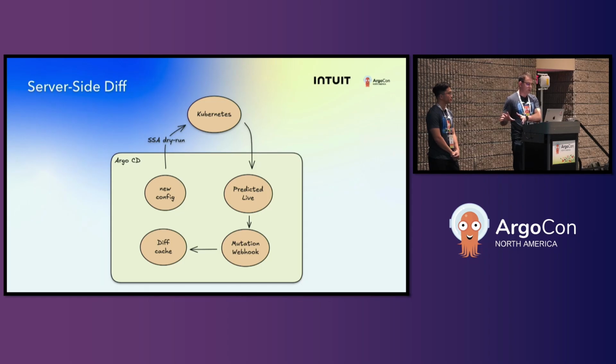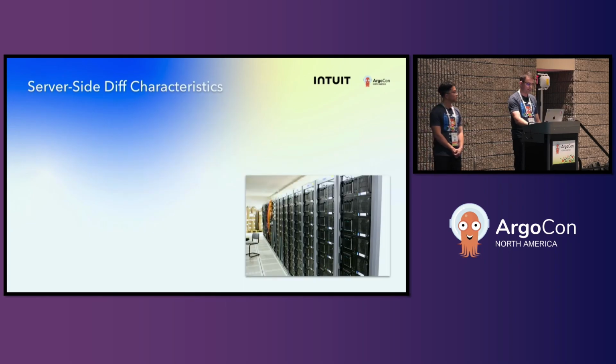So the way we understood is, let's remove the mutation webhooks from the predicted live and provide a feature to the community. If they want to see what the changes are, then they can enable it, which is what Gerald presented in the last talk. But by default, we're going to be removing those. And because we're always sending requests to Kubernetes, now we have to have this more aggressive diff cache, and that's what we do at the end.